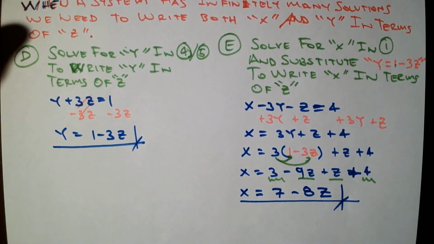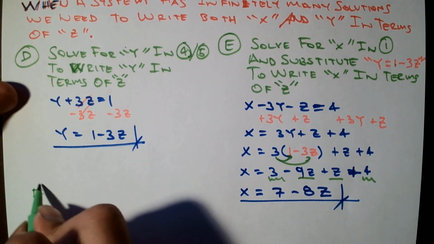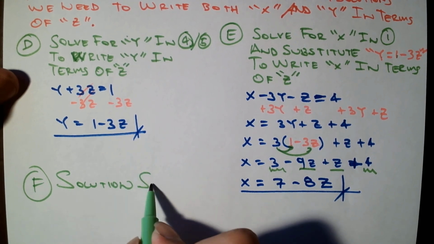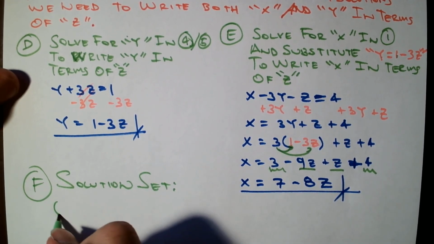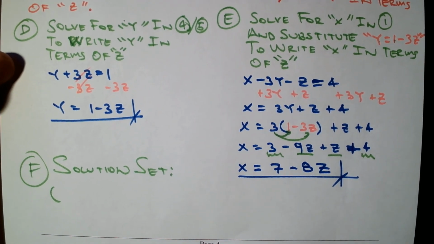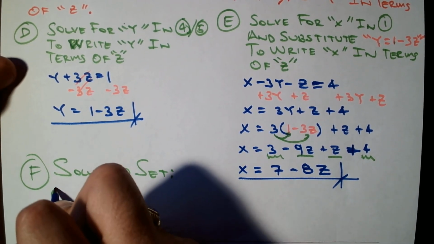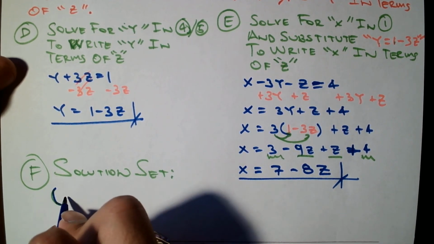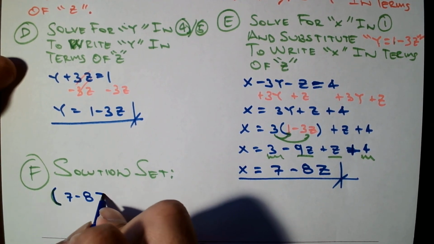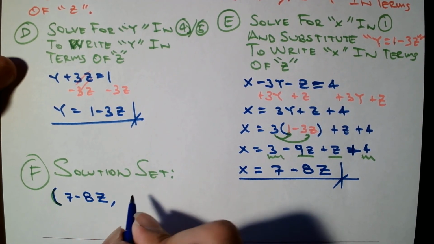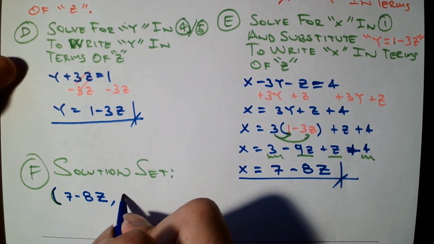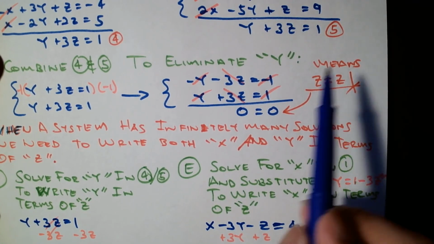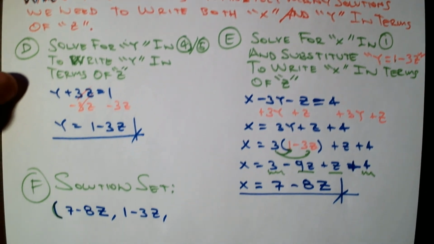All right, so the solution set is going to be still an ordered triple. In this case, the ordered triple is going to look like this: whatever we got for x, which is 7 minus 8z, then what we got for y, which is 1 minus 3z, comma, z is simply equal to z.